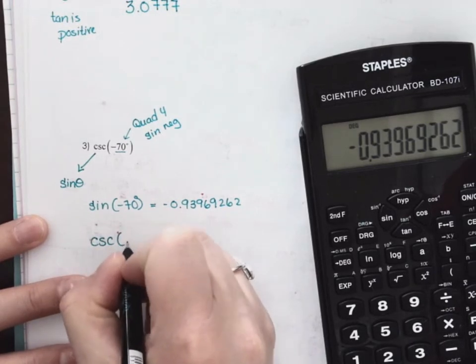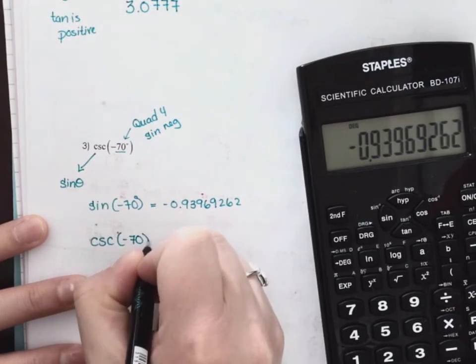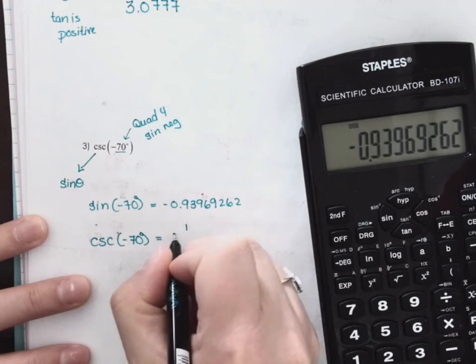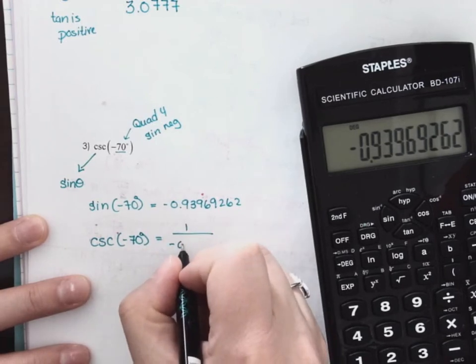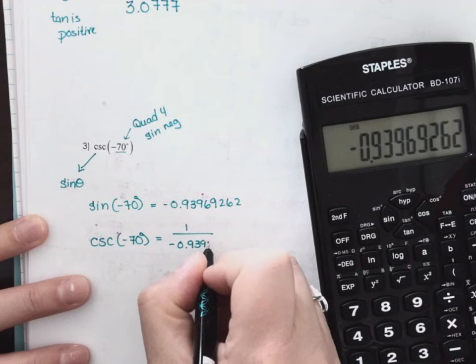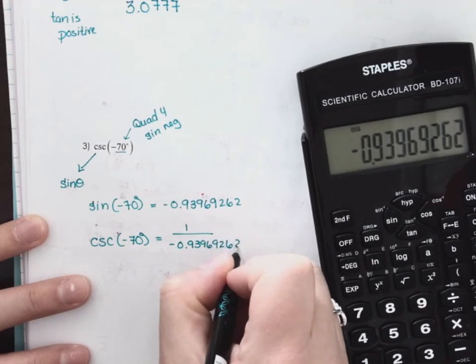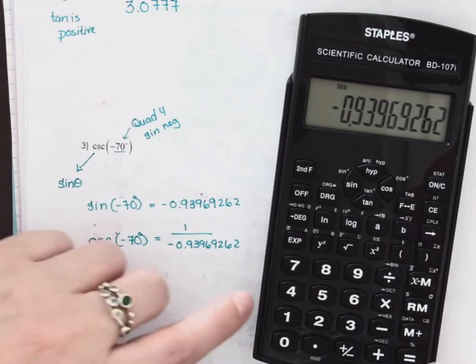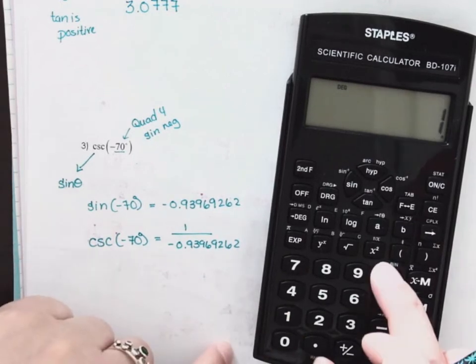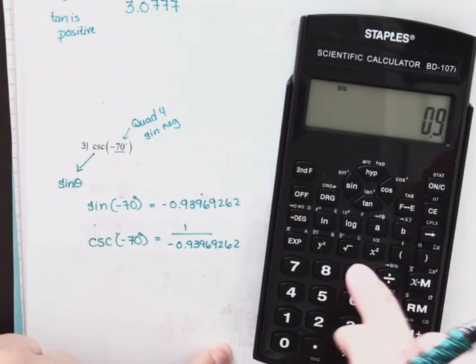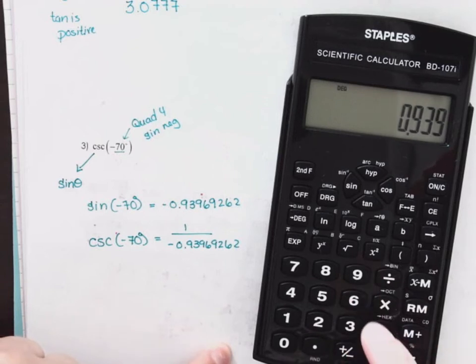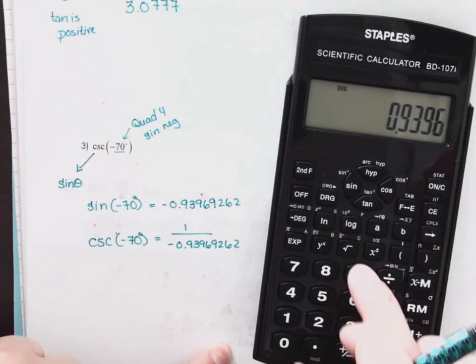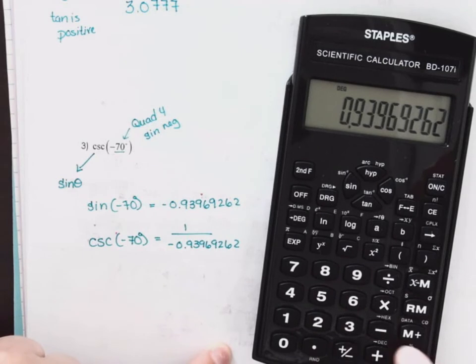So cosecant of negative 70 degrees is going to be 1 over negative 0.93969262. So you got to do that in your calculator. So 1 divided by negative 0.93969262.